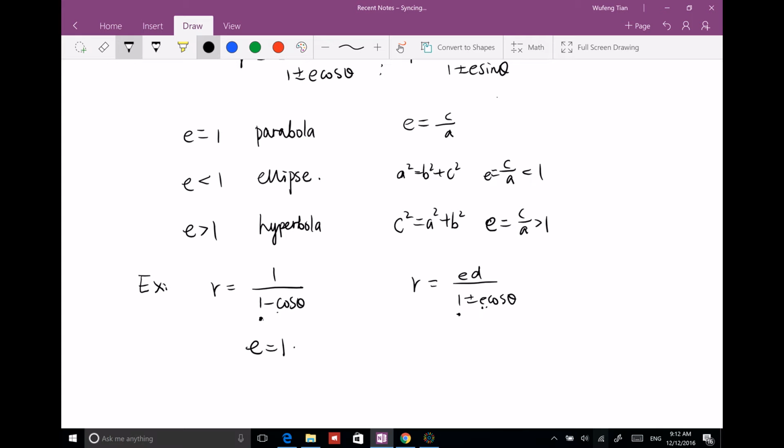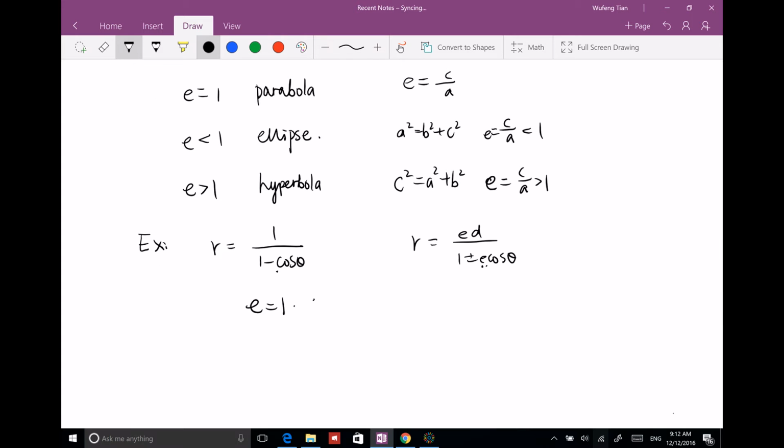If it's not 1, we have to divide both the top and the bottom by a number to make sure it's 1. Then we just look at the number in front of cosine. In front of cosine is 1, so e equals 1.